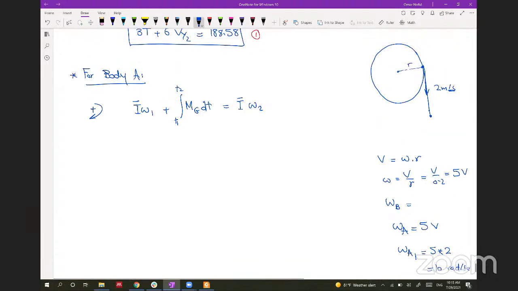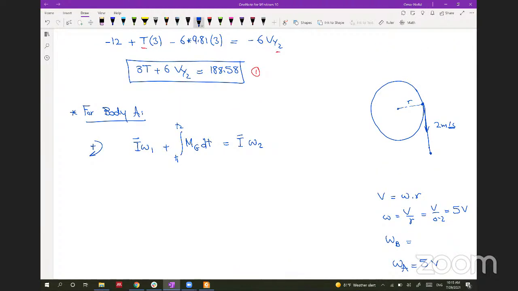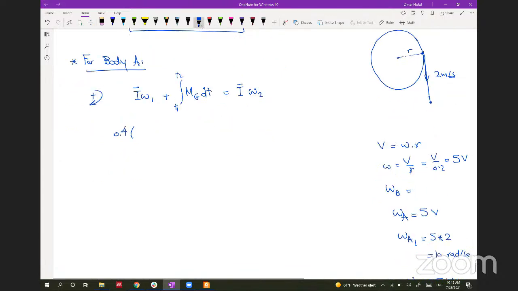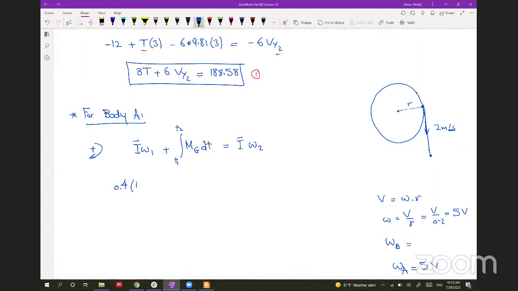So let's substitute here. We have I bar equal to 0.4 multiplied by omega 1, which is 10, plus the moments.